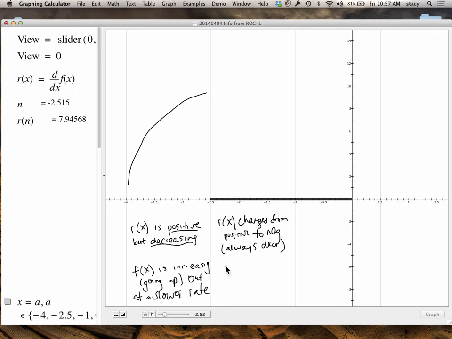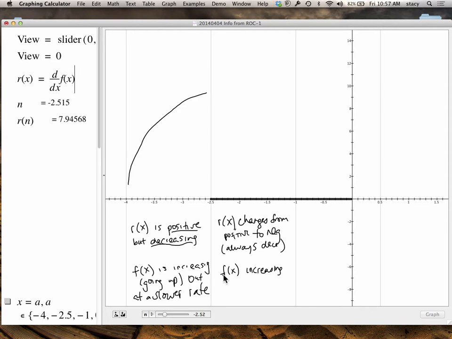Okay. What does that mean for our function f, our accumulation function? So while the rate of change is positive, what is f doing? It's still increasing, right? But then as soon as the rate changes to negative, it starts to do what? Starts to decrease.